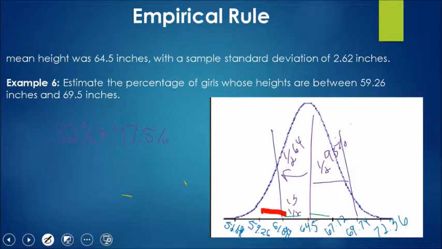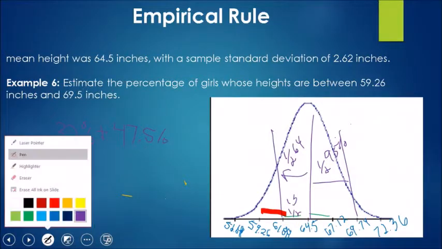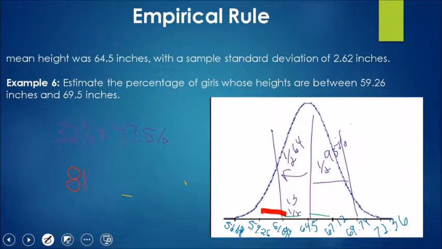So again, a total of 81.5%, just adding this percentage to this percentage. And this is for example 7. I went back to this graph.